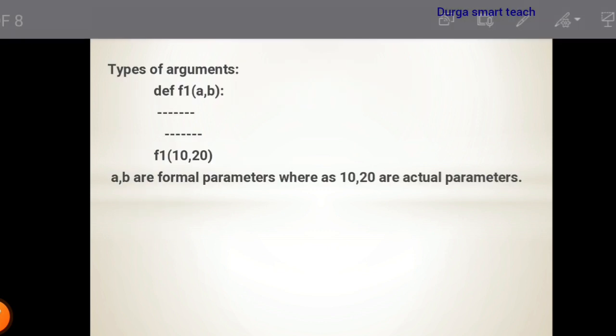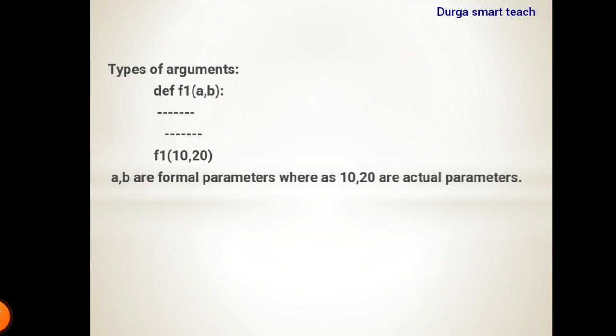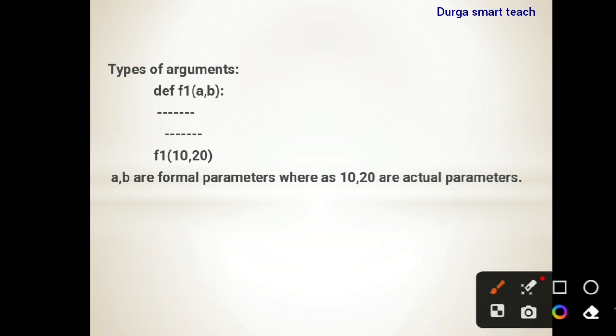Now, types of arguments. So def, function name and parameters. Next I am calling the function f1 and now passing the parameters 10 comma 20. Here a comma b are known as formal parameters, whereas 10 comma 20 are called actual parameters.